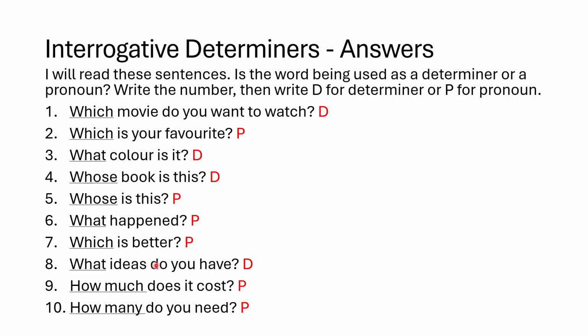What ideas do you have? What is being used as a determiner. 9. How much does it cost? How much is being used as a pronoun. 10. How many do you need? How many is being used as a pronoun.